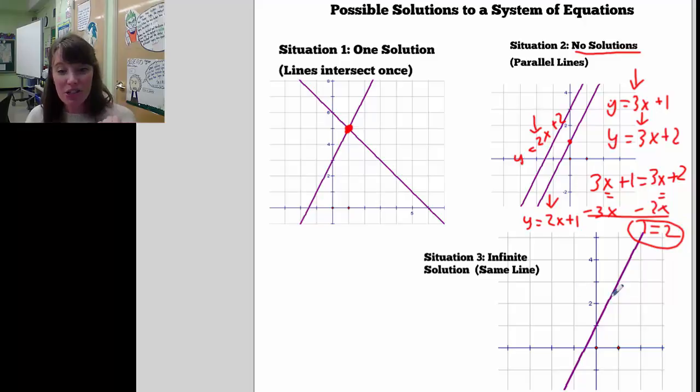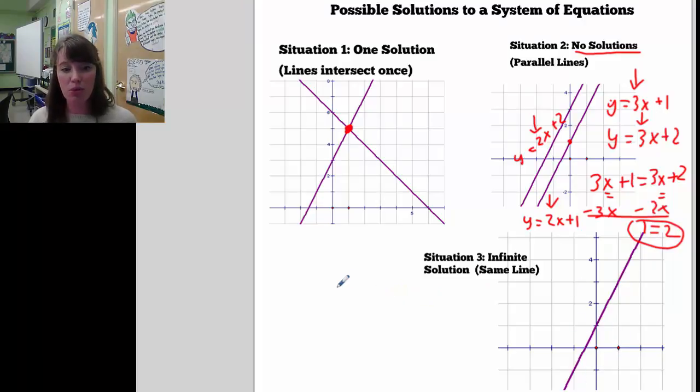The other situation, and we saw this before, is that when you graph two lines, they could actually just be the same line. The reason this line is a little darker than the other ones, which you might not be able to perceive with your eyes, is because I actually graphed two equations right on top of each other.